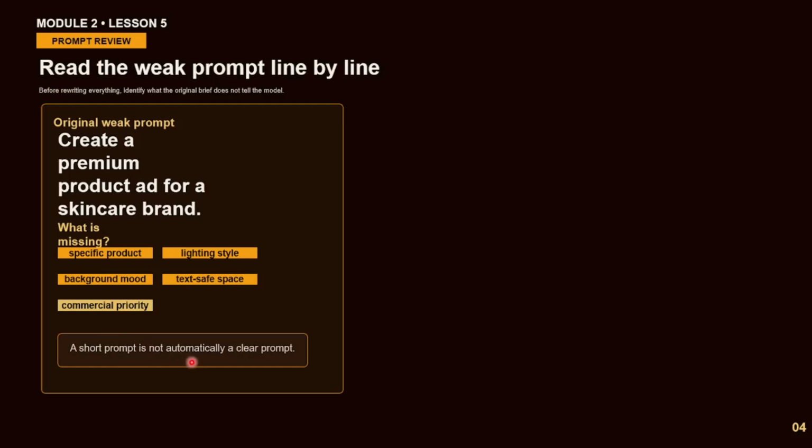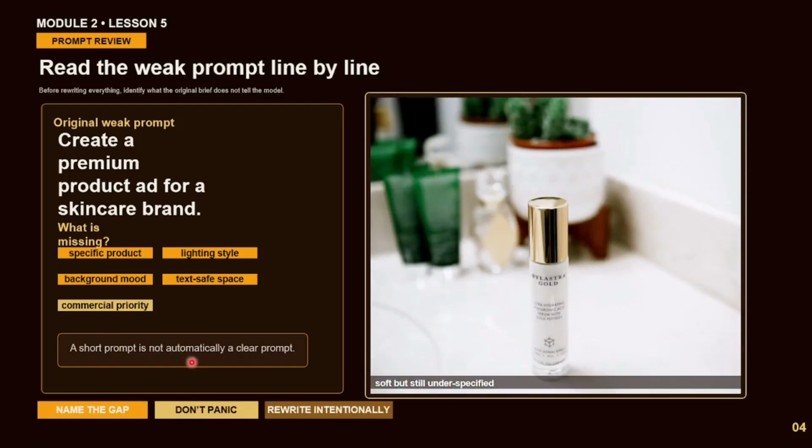A short prompt is not automatically a clear prompt. You get something generic, not specific to any product, because you didn't ask for it. So simply don't panic, but rewrite intentionally, and be focused on the brand.